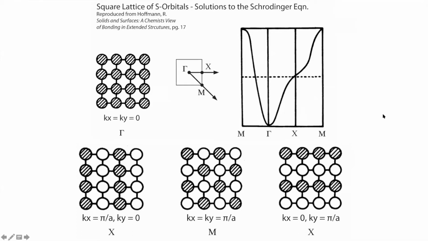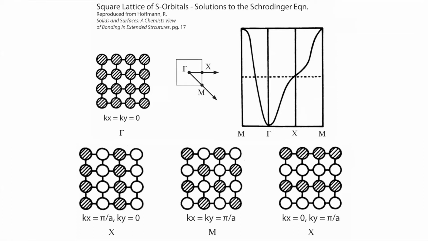And that gives you this diagram, a couple of different Brillouin zones. And of course, this point here, the M point, where both the x and the y direction are pi over a, is the most anti-bonding combination. It's anti-bonding in all directions at any given orbital. Its nearest neighbors are out of phase. For these two x points, the nearest neighbors are in phase in one direction and out of phase in the other.